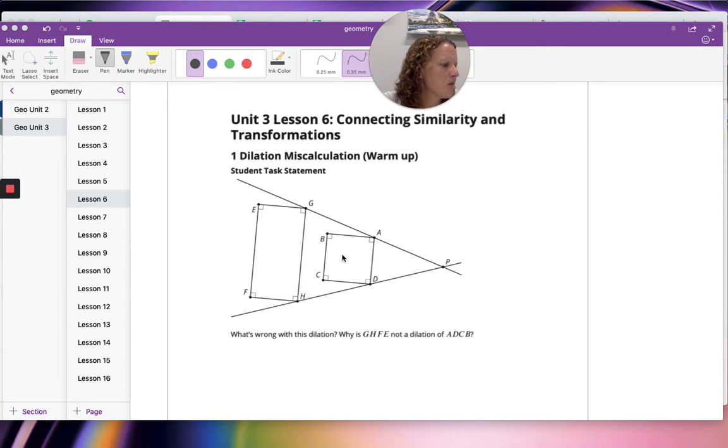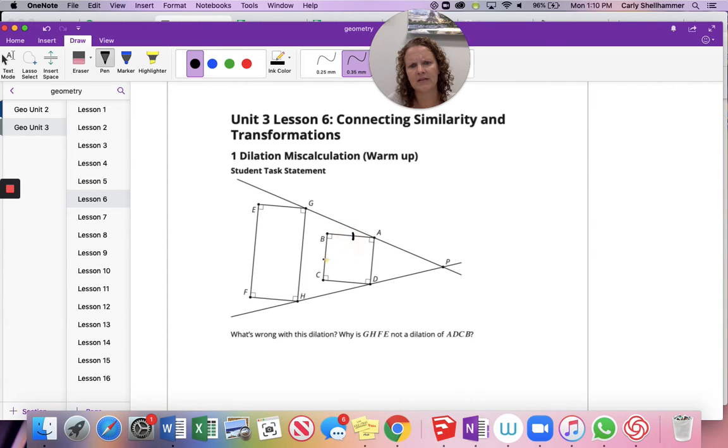We're going to try to explain what's wrong with this attempt to dilate a square. Here I have a square and I'm attempting to dilate it, and I'm not doing a very good job. If this is a square, that means that these are all congruent. And if I've dilated that square, then these should all be congruent. And they're obviously not.